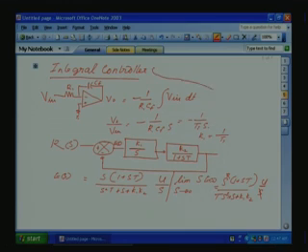So, for this controller, the steady state error is always 0, okay.